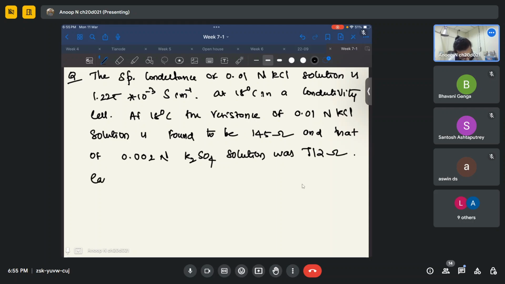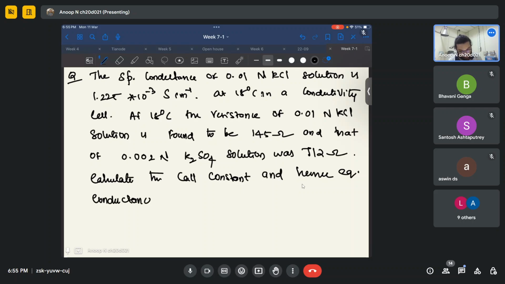Calculate the cell constant and hence the equivalent conductance of K2SO4. So try to solve it. I'll come in a minute. Please try to solve this problem.